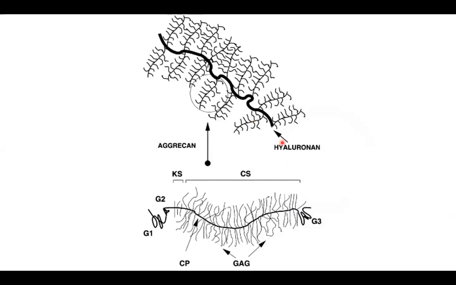Okay, so now remember how I kept hinting to you guys that we're going to talk about aggrecans. We're finally on the slide about aggrecans. I really want to make sure you guys know aggrecans are found in cartilage. So everything that you're looking at, just imagine that it's in cartilage, and it acts as a lubricant, that kind of stuff. So this entire structure over here is an aggrecan.